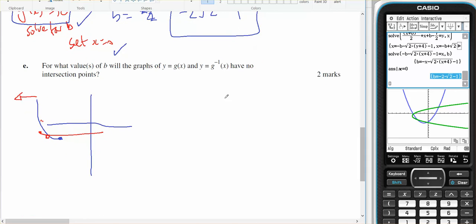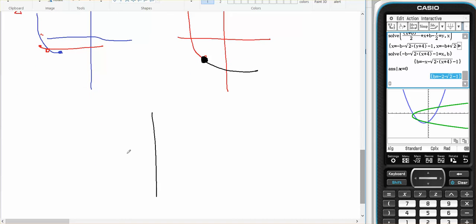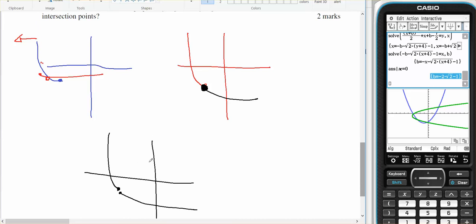What I'd actually like to occur is when that is my parabola, and this is my inverse, that's when there'll be exactly one intersection point. And then what I'm wanting is, when this is my parabola and this is my inverse, to know when it's not.